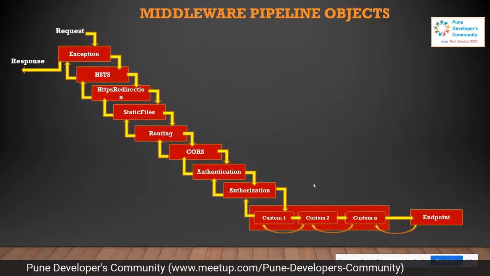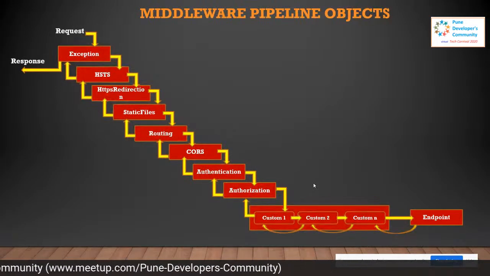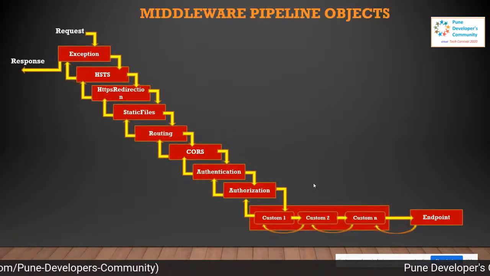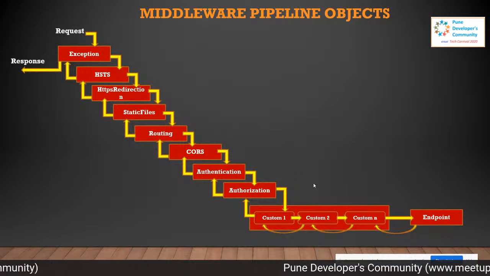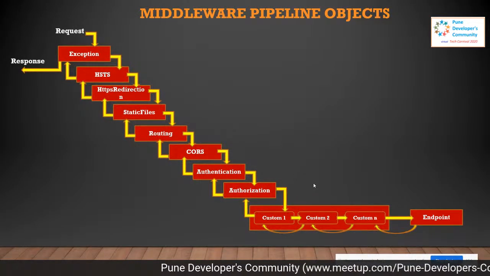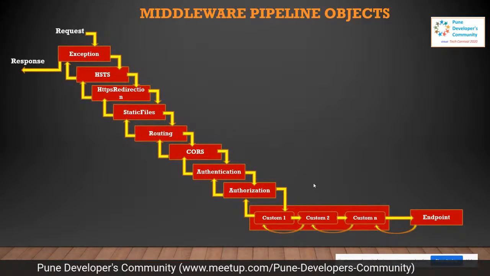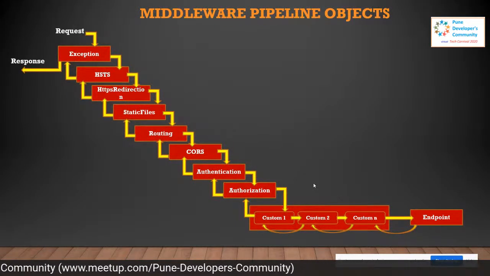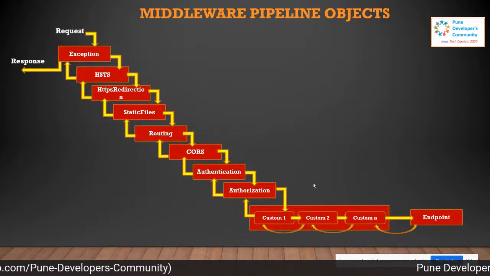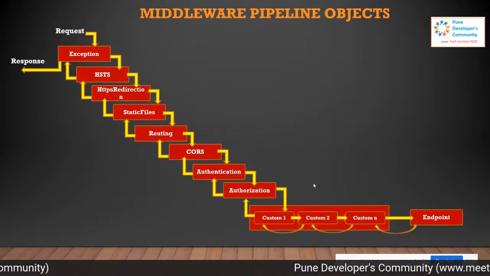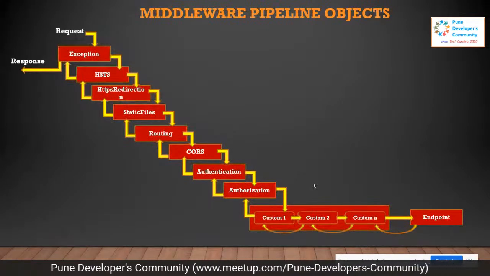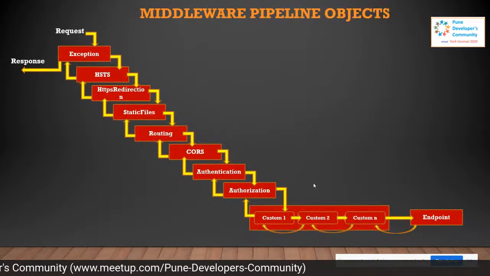To deal with this middleware, ASP.NET Core makes use of a delegate called RequestDelegate. This request delegate accepts an input parameter, that is HttpContext. This HttpContext represents the current HTTP request.